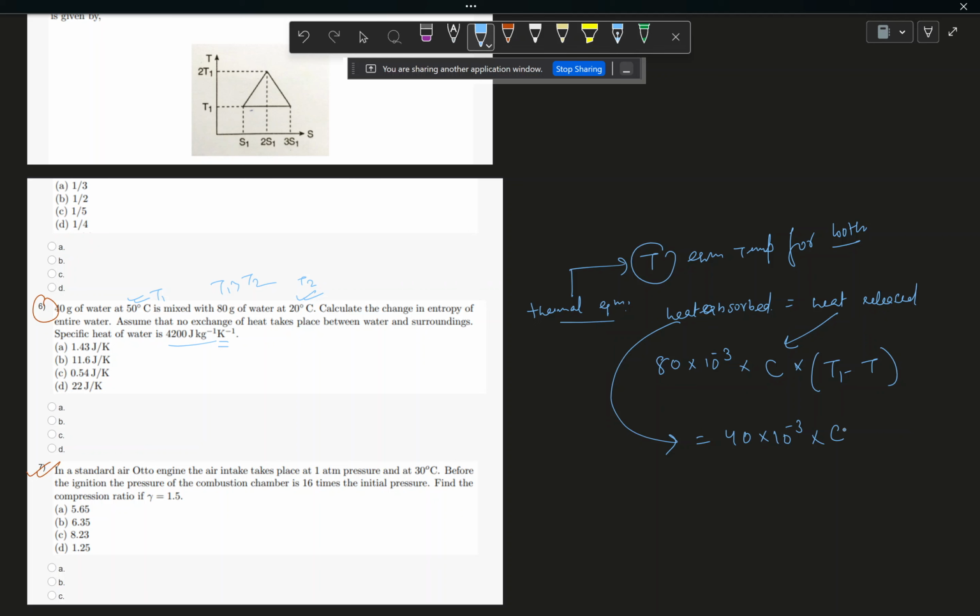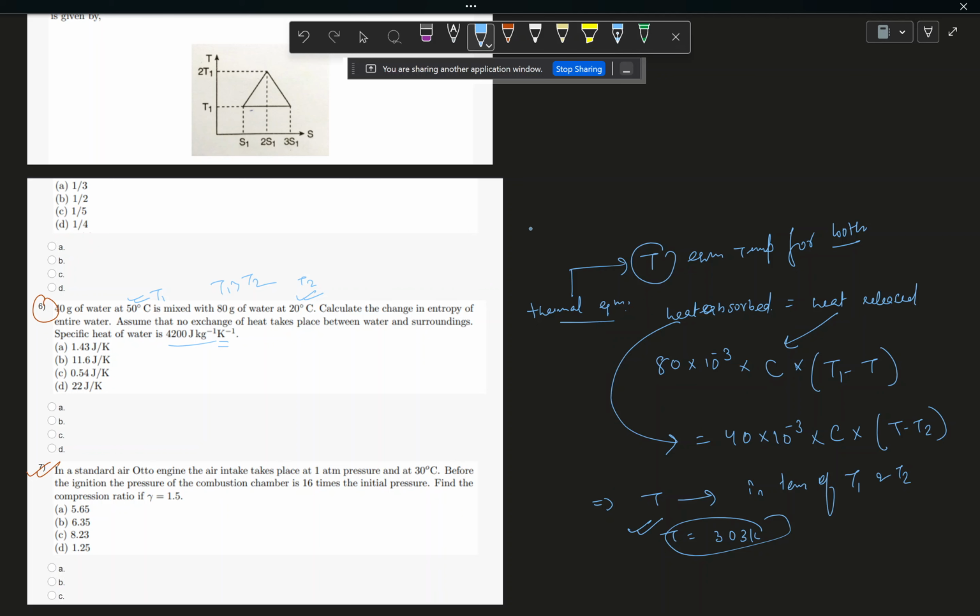C is the same for both, so it can remain the same, and the final temperature is now greater than the initial temperature, so T minus T2. So from here you have to solve for T in terms of T1 and T2, and you will see that your final equilibrium temperature for this case comes out as 303 Kelvin from this calculation.